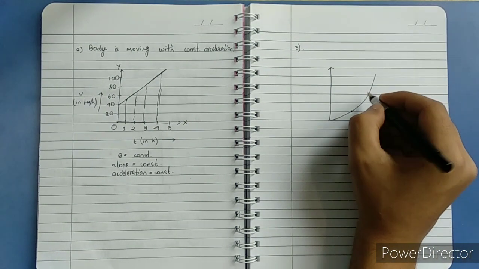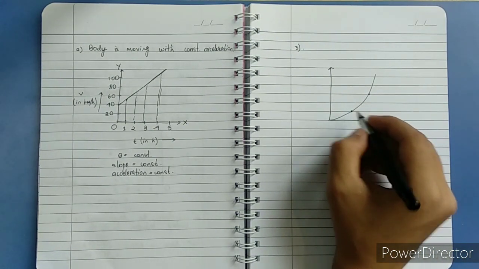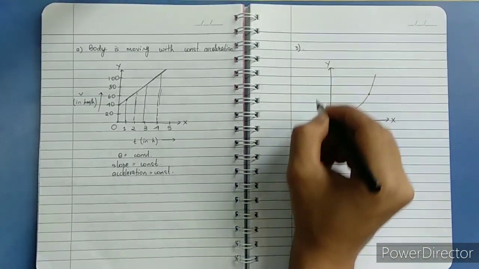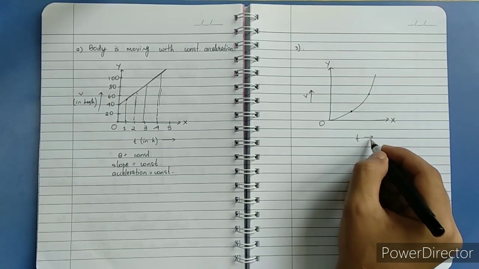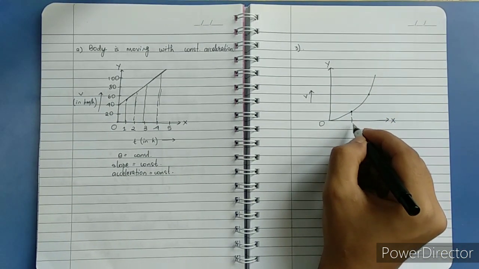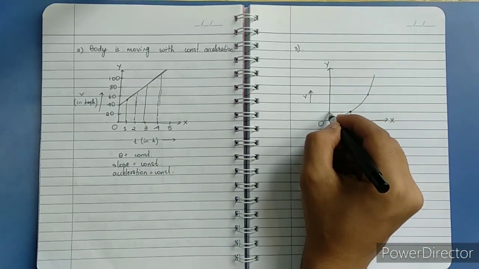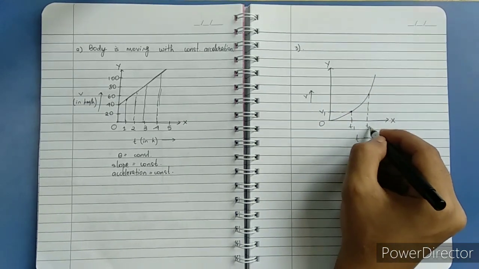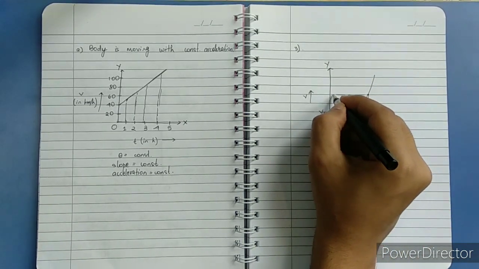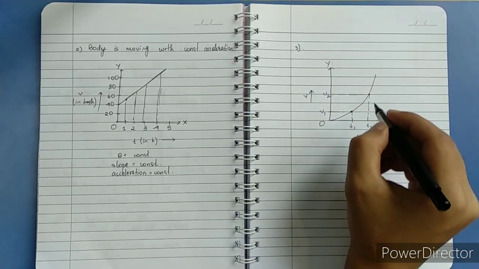We'll consider 2 points, 1 point here, 1 point here, x-axis, y-axis, origin, velocity, time. This point, say time is t1. This point, say velocity is v1. This point, say time t2, and say velocity v2.